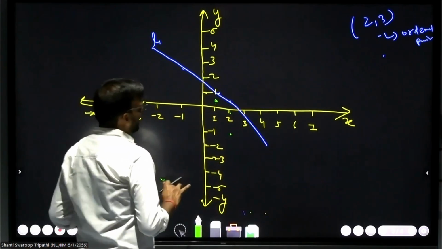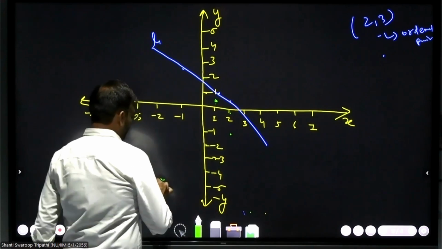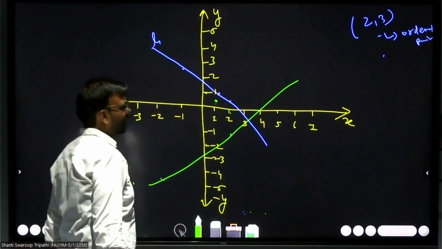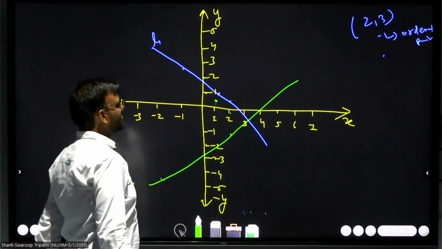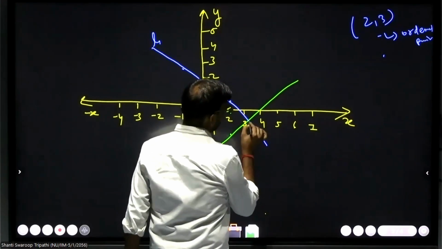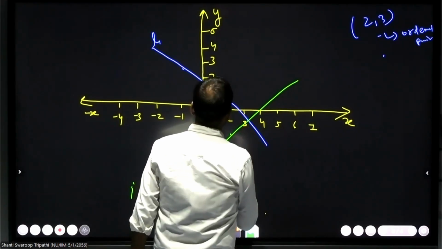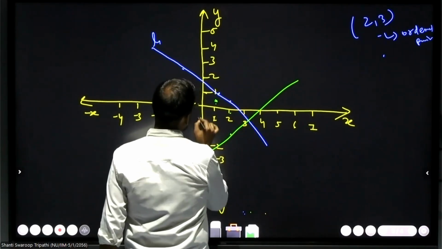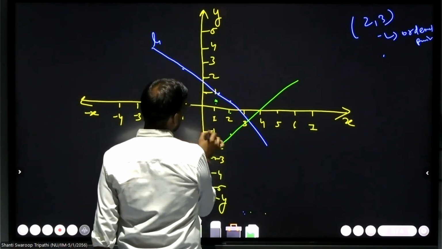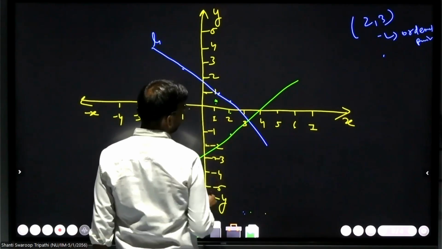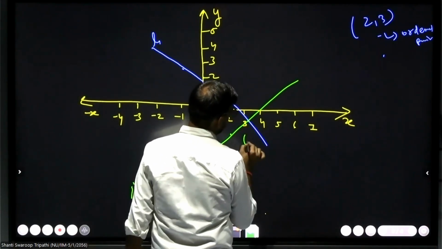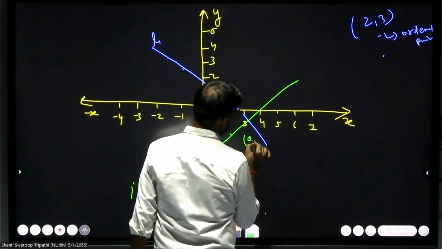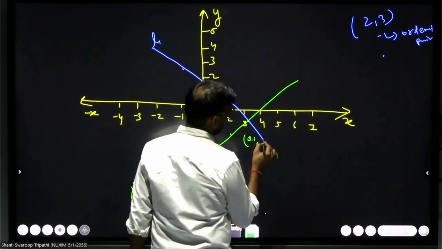If we had plotted the graph properly, we would have got the line like this, and the cross point would be our solution: around 3.1 on the x-axis and 0.5 on the y-axis.